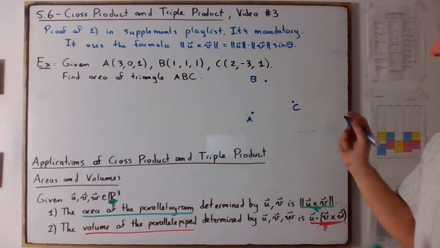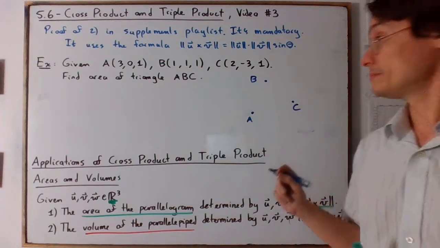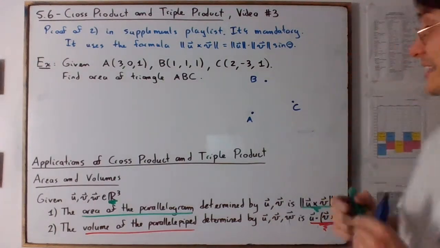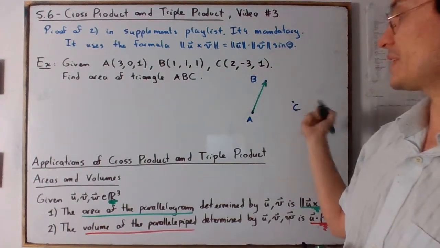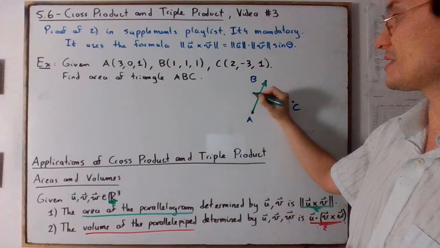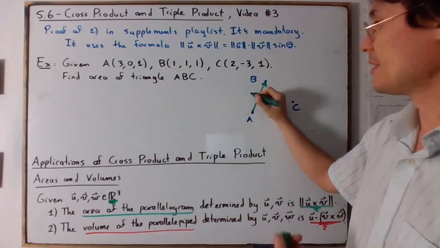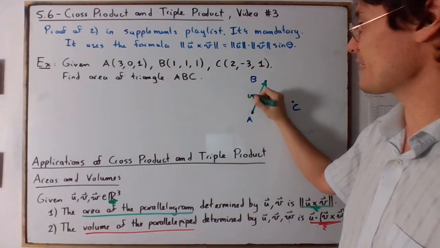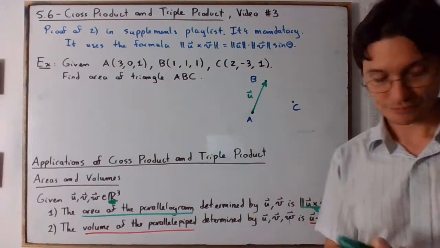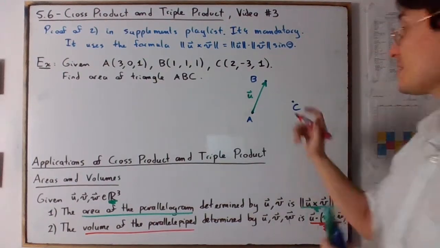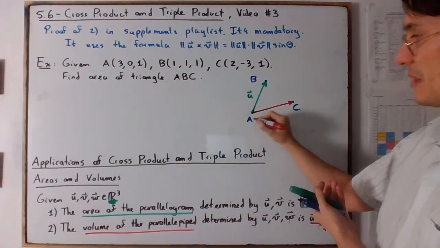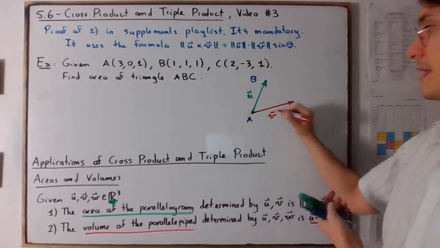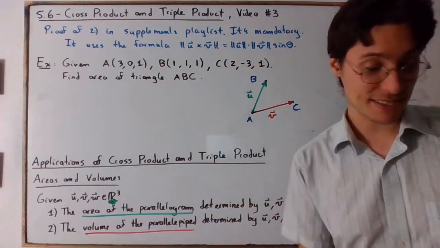All right, the idea is actually quite simple. You will define a vector. You will take it, let's say, from A to B, like this. Let's call it the vector u. And then we will define a vector from A to C. And what do we get out of this?